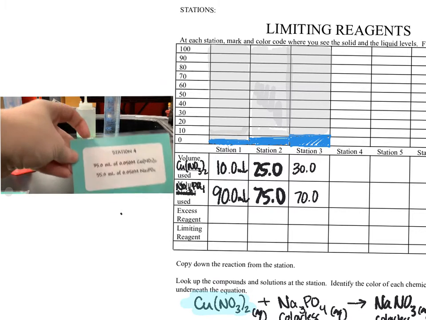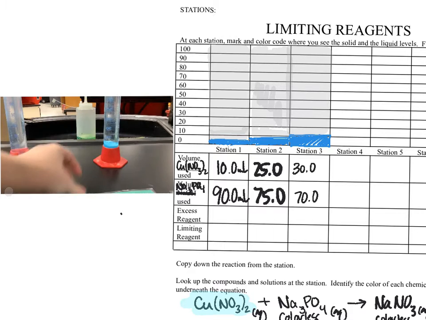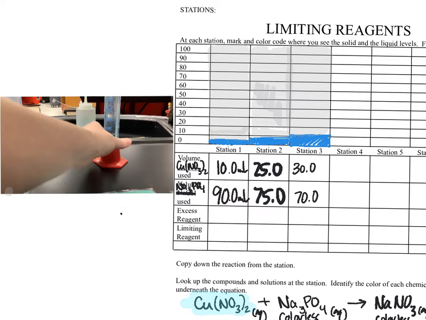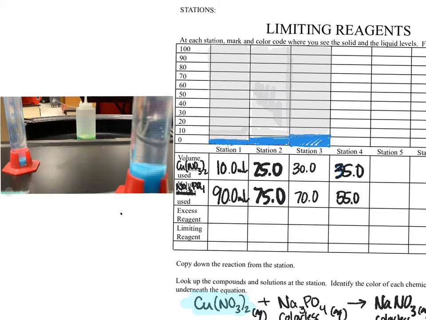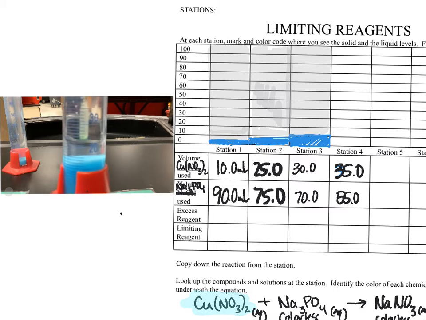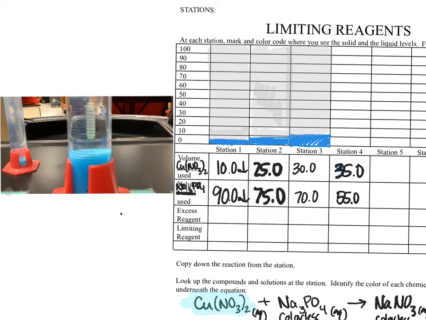Here's station 4. So here we have 35 and 55. And again, here's our information and our precipitate.